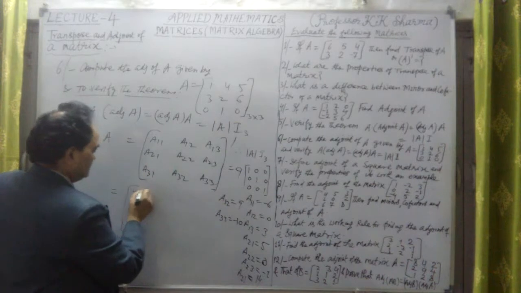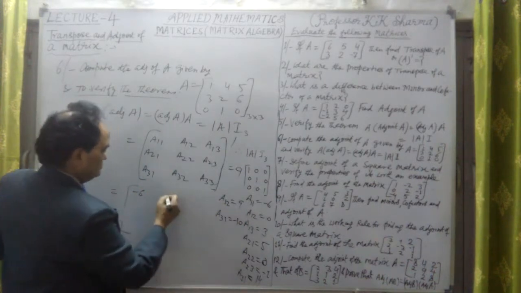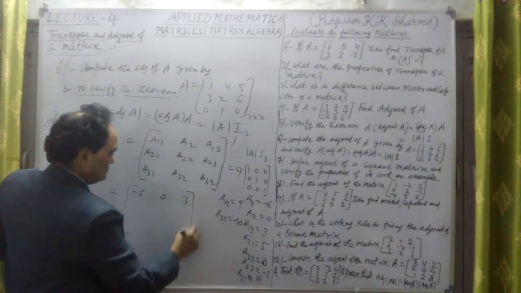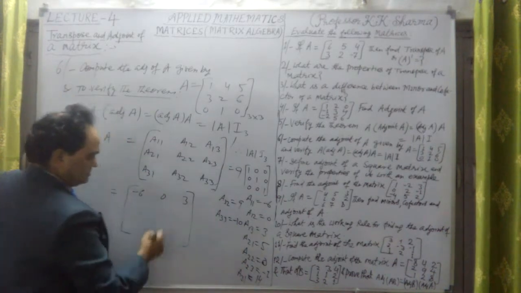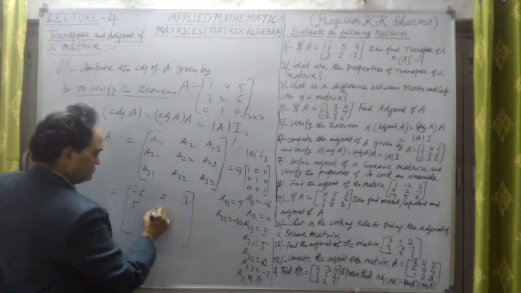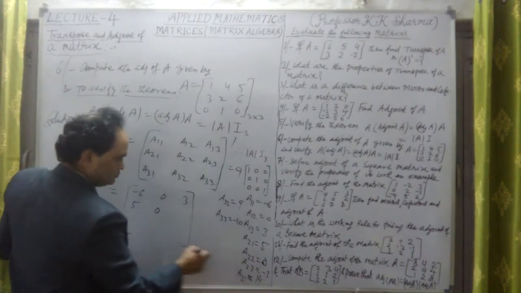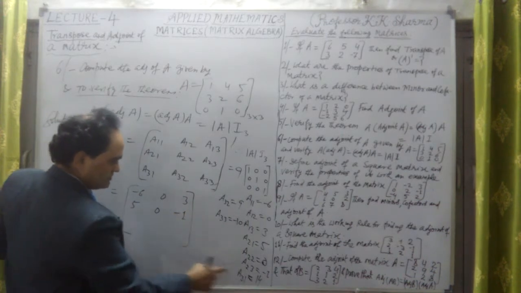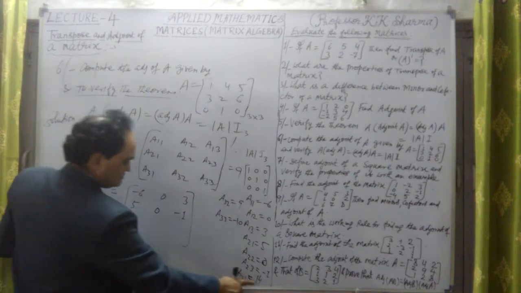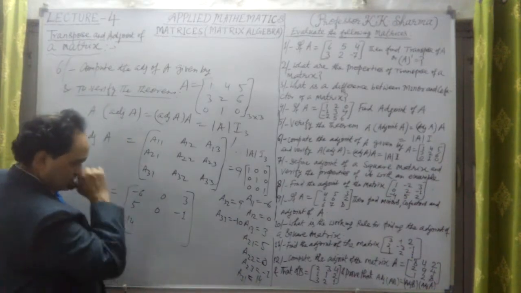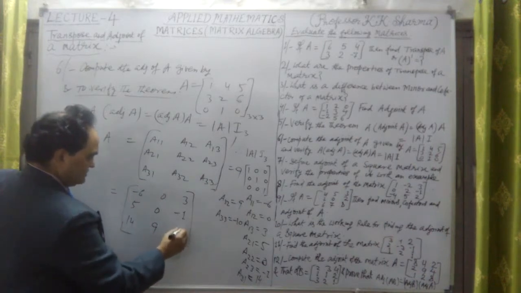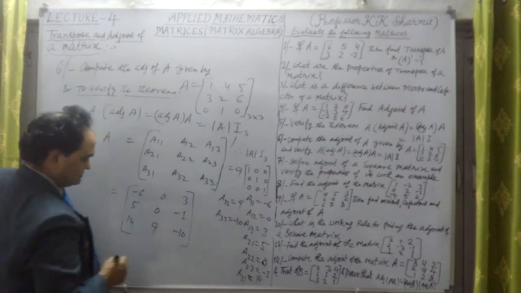A11 is minus 6, A12 is 0, A13 is 3, A21 is 5, A22 is 0, A23 is minus 1, A31 is 14 here. Okay, and then A32 is 9 positive, A33 is minus 10.